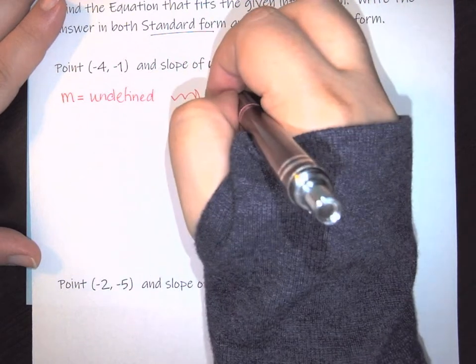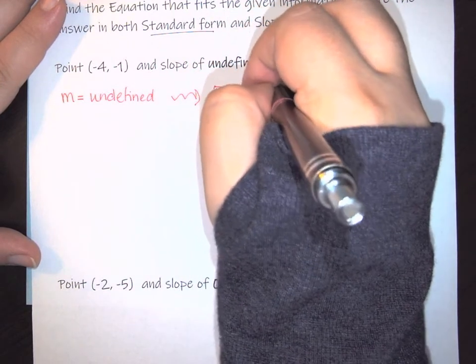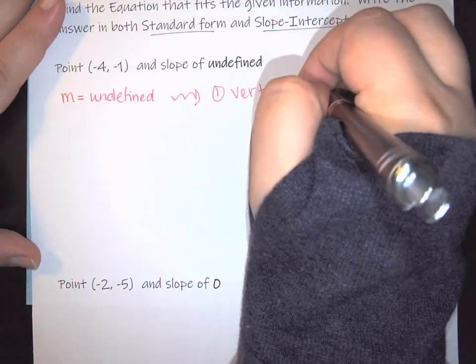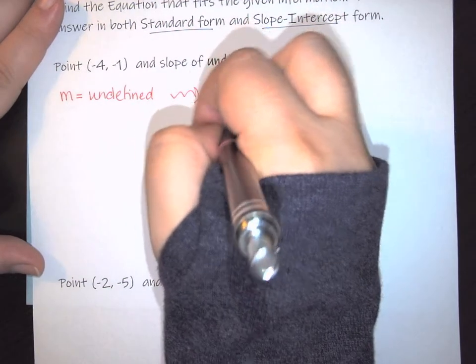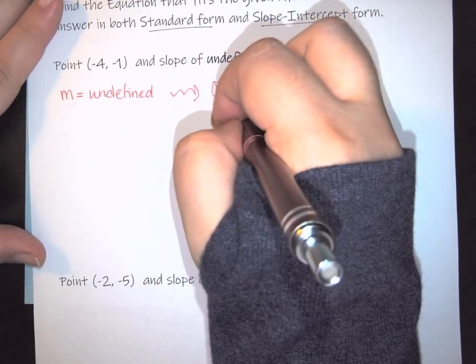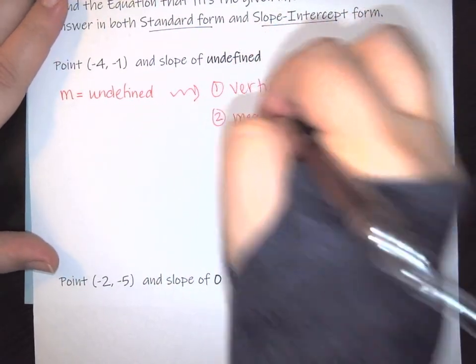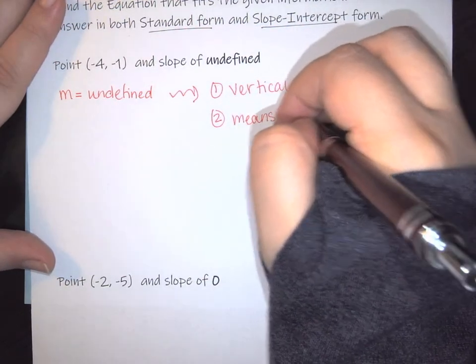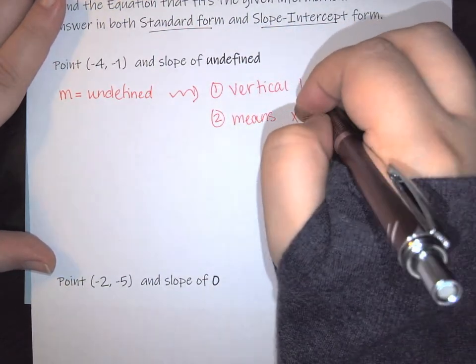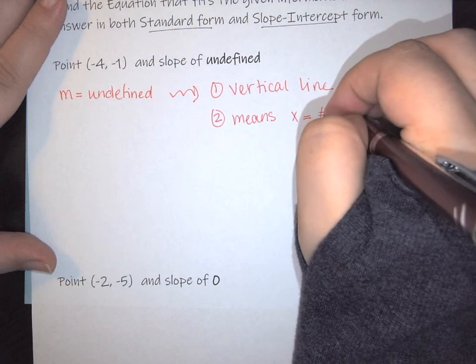So first, it means you have a vertical line. Second thing that happens is it means you have an x equals some number equation.